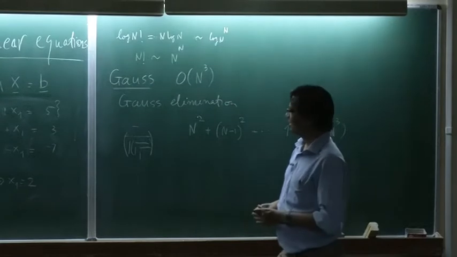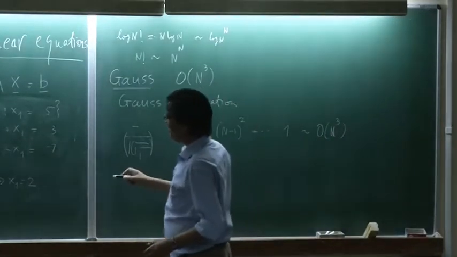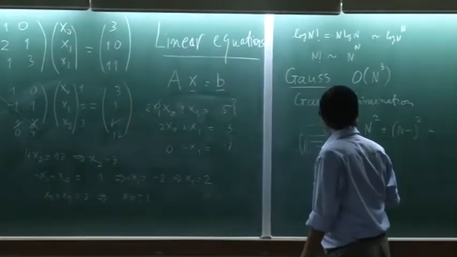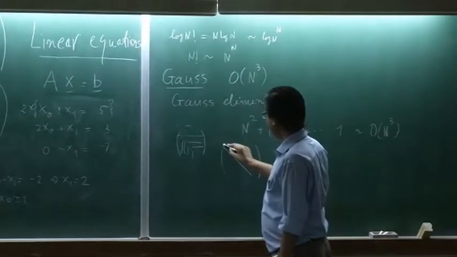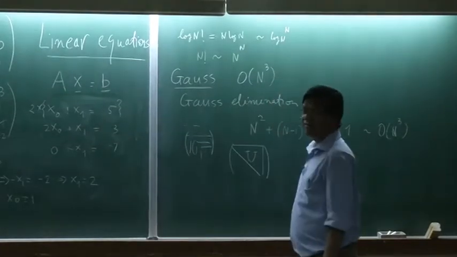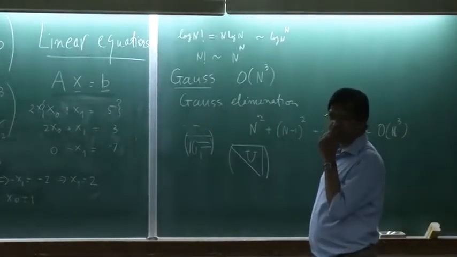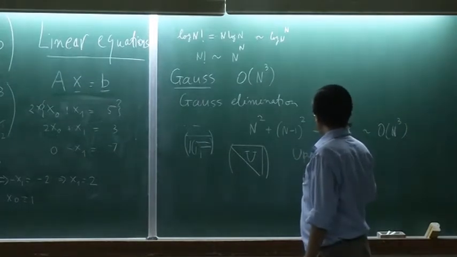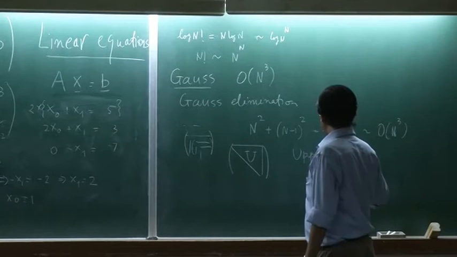Okay. So this part is called Gauss elimination. So I have converted this matrix A into upper diagonal matrix. This is called U matrix. Upper diagonal.